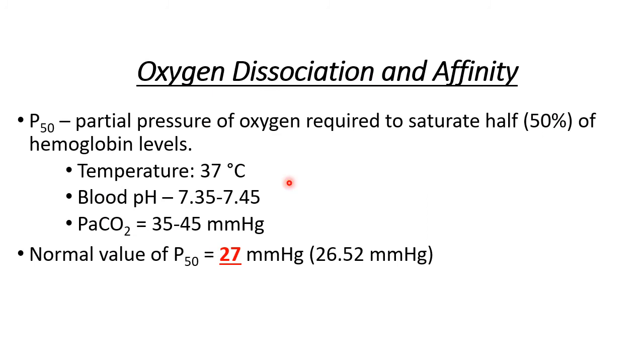So next topic is oxygen dissociation and affinity. So before tayo mag-proceed dun sa mga shift to the left and shift to the right, balikan natin yung partial pressure of oxygen, which is termed as P50. P50 has a clinical significance, no?